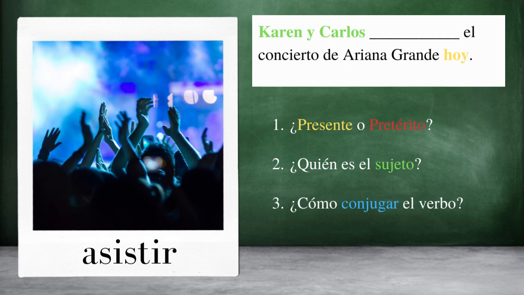And last but not least, now that we know we're conjugating with the they form or the ellos form, now we can answer the last question, ¿Cómo puedo conjugar el verbo? How can I conjugate the verb? Asisten. Karen y Carlos asisten el concierto de Ariana Grande hoy. Great job.